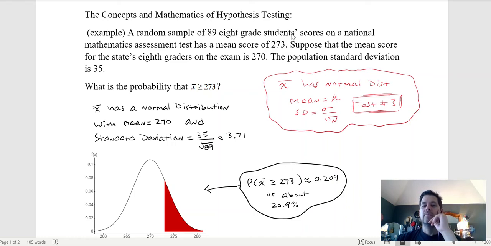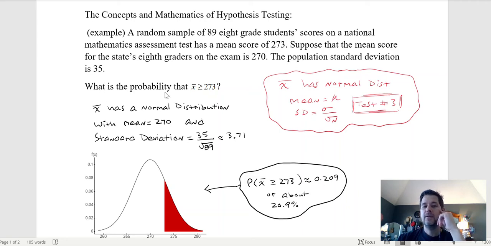Okay. But suppose that the mean score for the state's eighth graders, so we might think that's the whole population, on the exam is 270. So the sample came from the population. The mean for the population is 270, and the mean for the sample is 273. Okay. And then from there, it says the population standard deviation is 35.